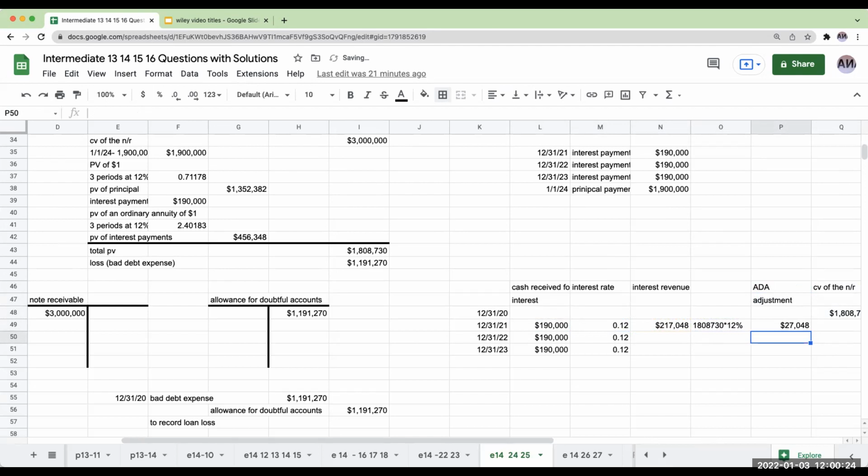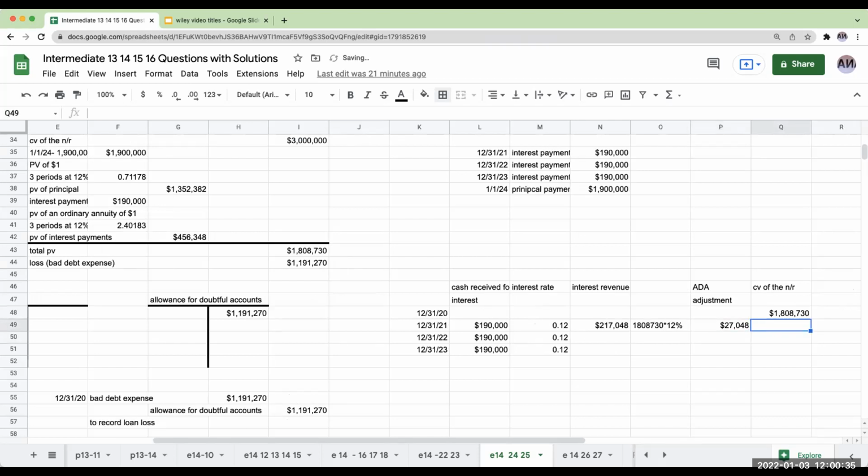This is really to reflect that additional interest expense. Remember that the stated rate is 10%, but I'm using a 12% interest rate. So when I record this, my new carrying value is going to be 1,835,777.